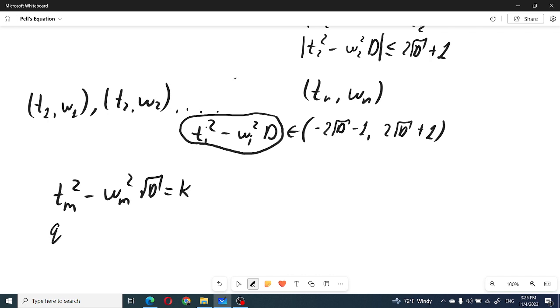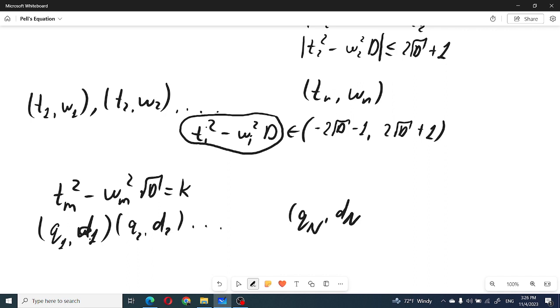Call this new sequence q1, d1, then q2, d2, and up to qN, dN.